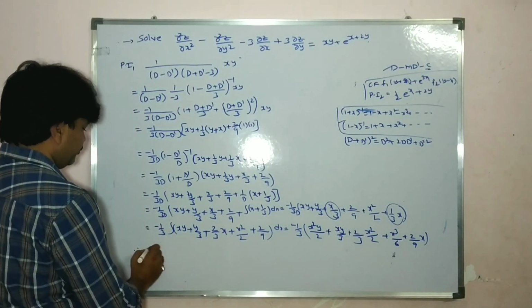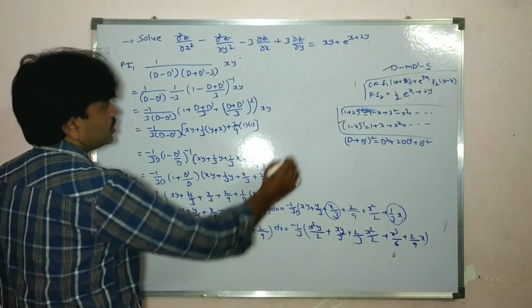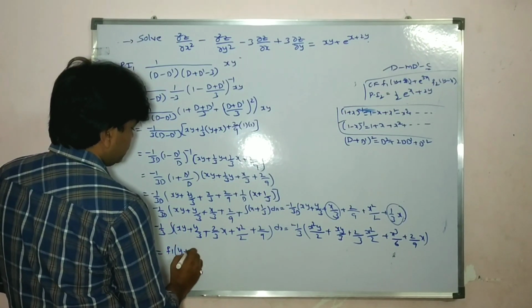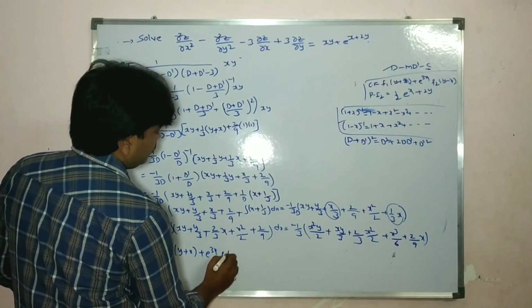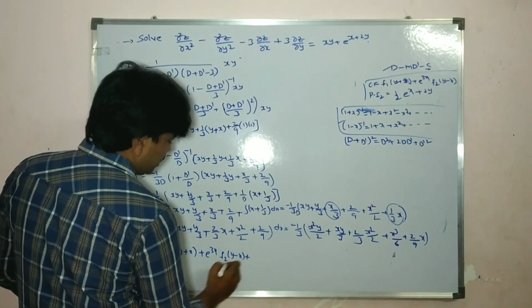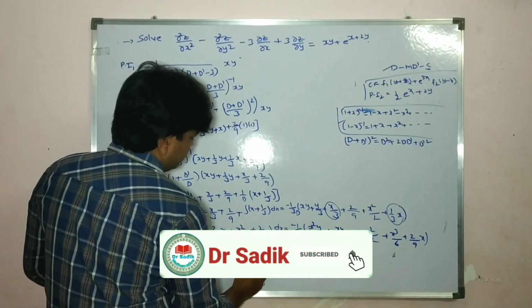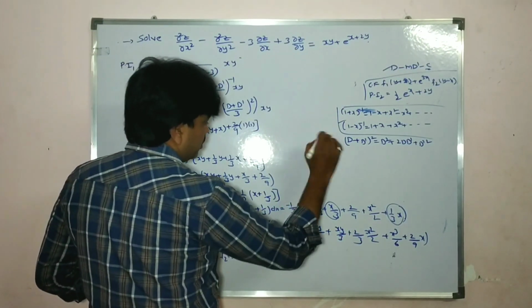Therefore, the complete solution, that is z is equal to, what is the complementary function, students? f1 of y plus x plus e power 3x f2 of y minus x plus the particular integral, students. Of course, you can write it any way, students.